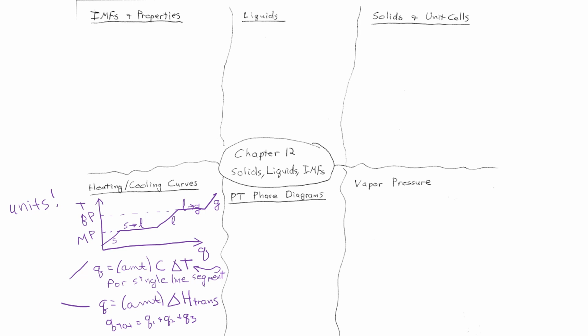That's the solids and unit cells. And this is actually my favorite section in this chapter. It is the closest to the research that I did as a PhD student of anything that we do in Gen Chem 2. So I always really like looking at the unit cells and crystal structures. What did we do? We found the empirical formula based on the atoms that are present in the unit cell.